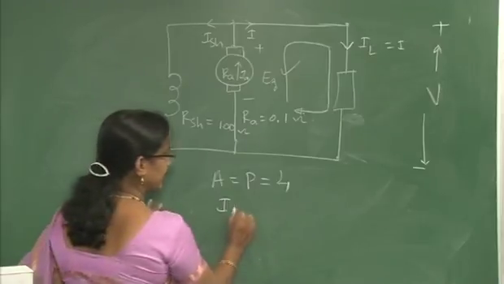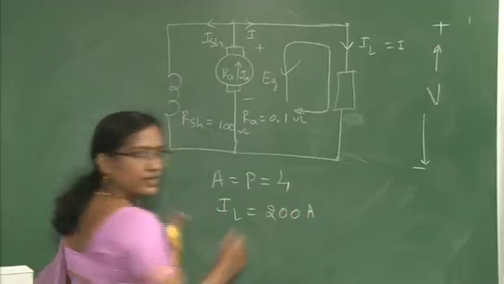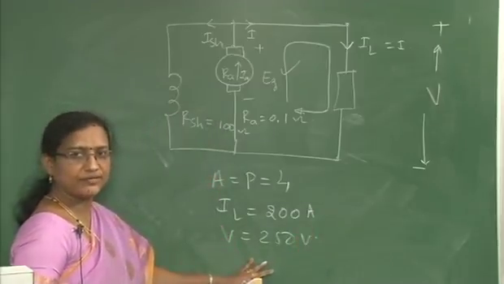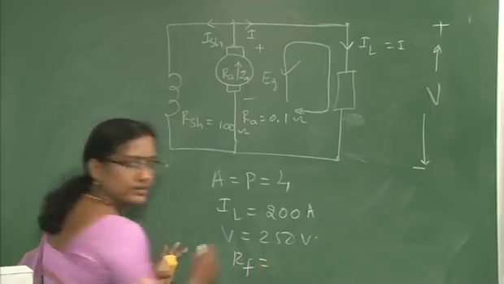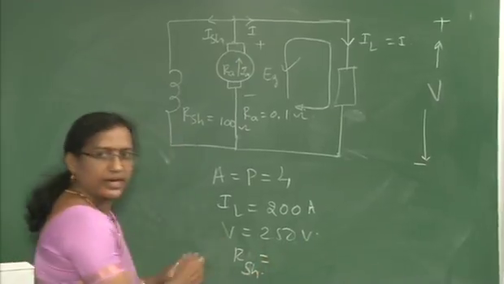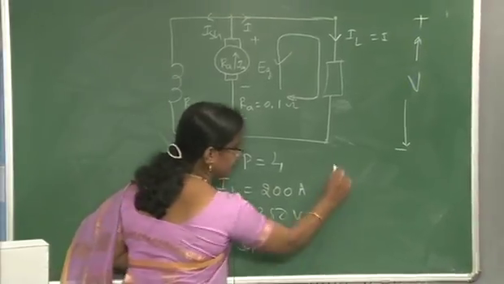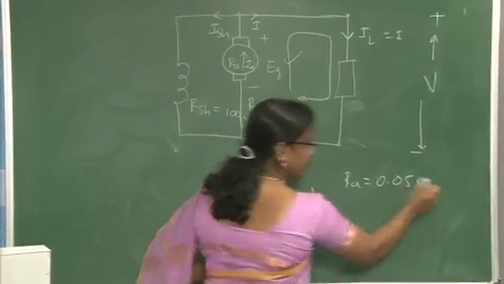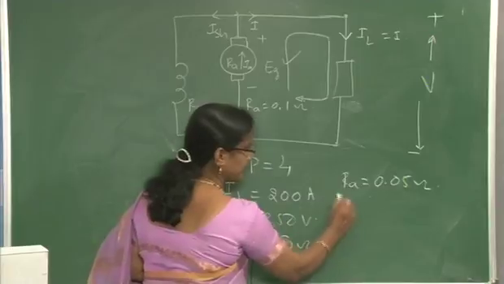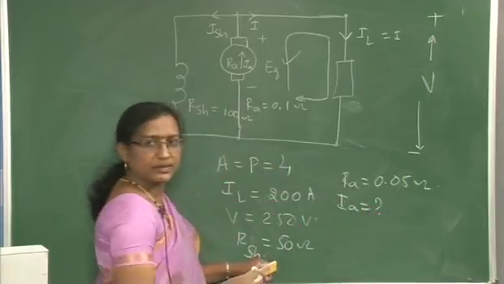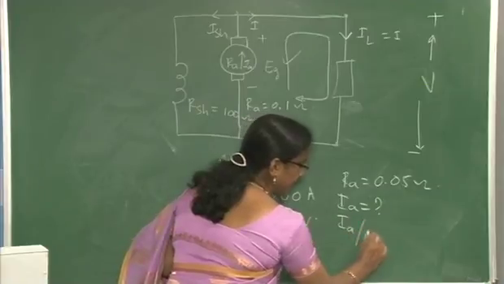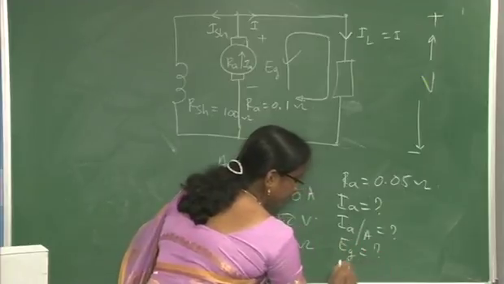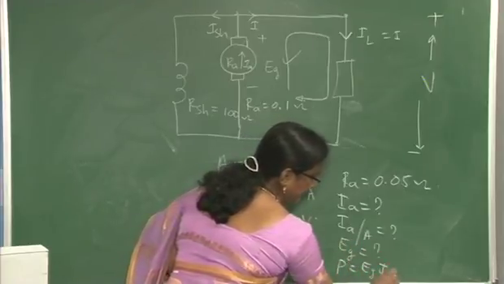The generator delivers IL equal to 200 amps, the terminal voltage is 250 volts, the field resistance RF, or RSH, is 50 ohms, and the armature resistance RA is equal to 0.05 ohm. You have to calculate the armature current Ia, then Ia per parallel path, the EMF generated Eg, and the power developed, Eg into Ia.